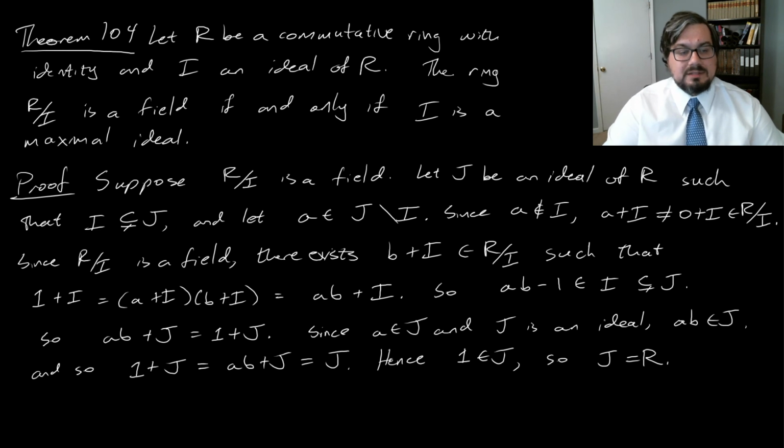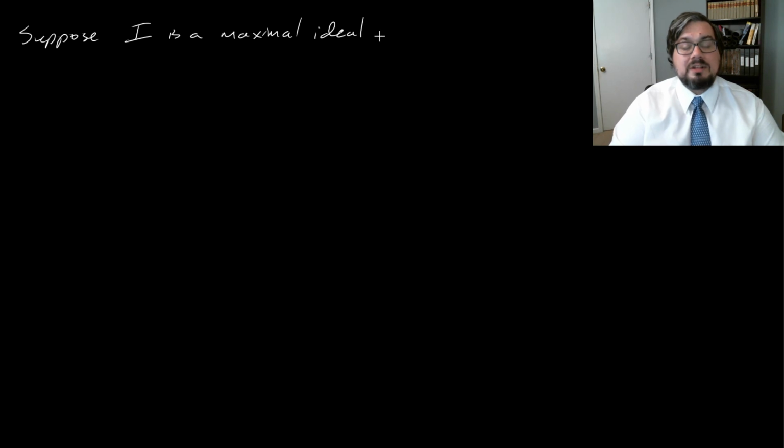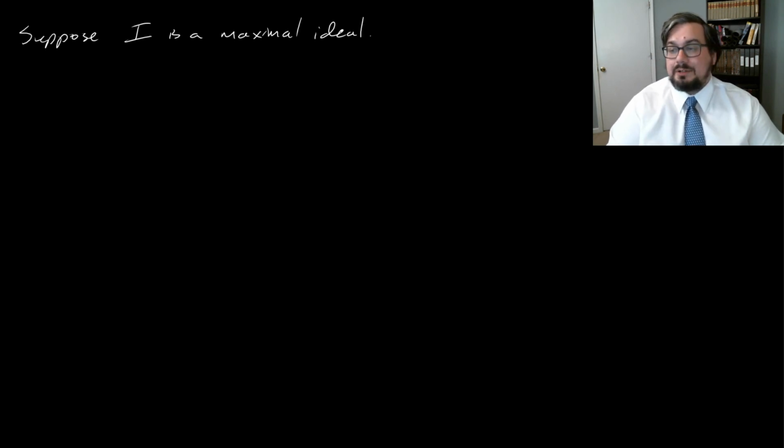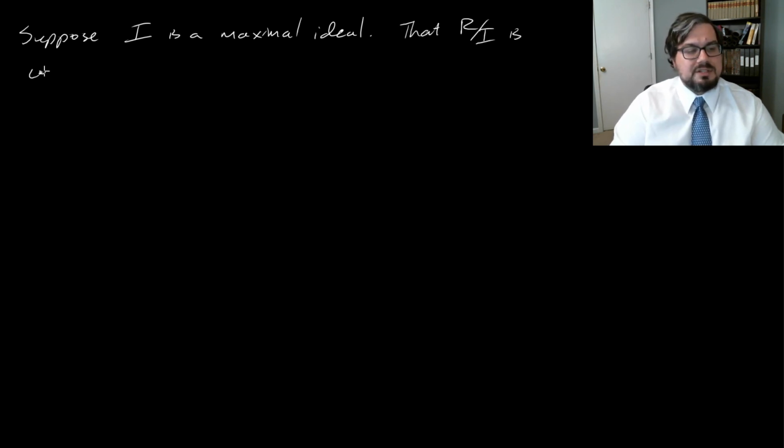Okay, so let's go to Theorem 105, the second part of Theorem 104. So let's suppose that I is a maximal ideal. We want to show that R mod I is a field. So the fact that R mod I is commutative and with unity is an exercise.